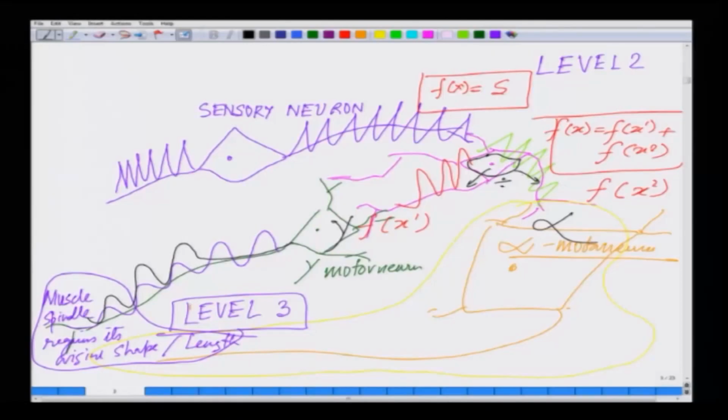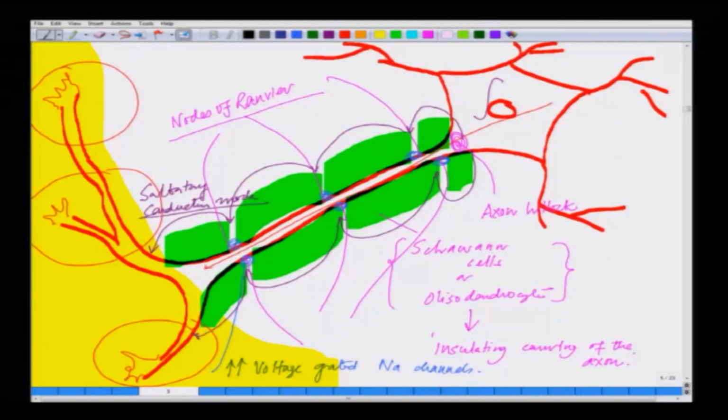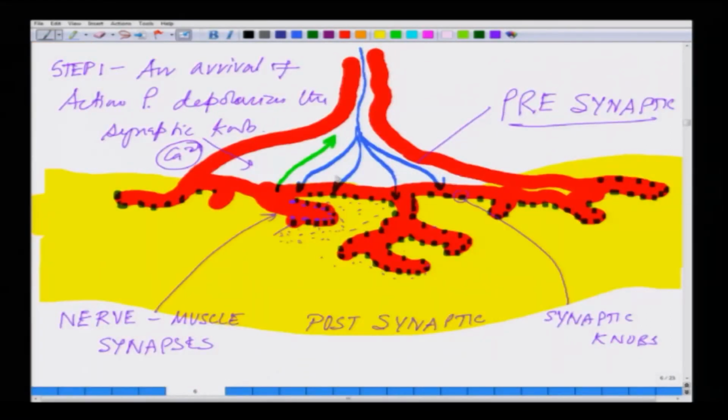Whereas, on the other hand, in the case of alpha, these electrical signals travel along the alpha motor neurons, as I was showing you out here, without getting lost. They travel out here, and after reaching here, they depolarize the membrane by allowing the entry of calcium into the cytoplasm.